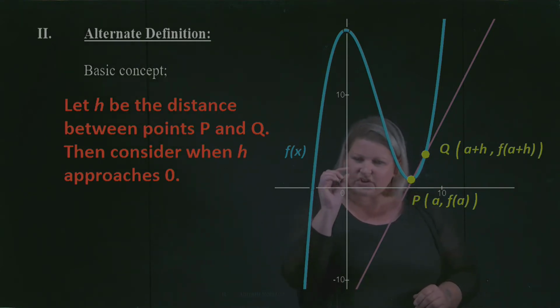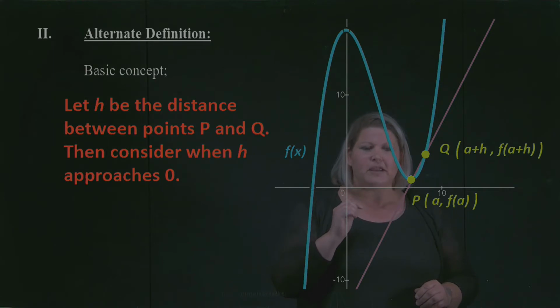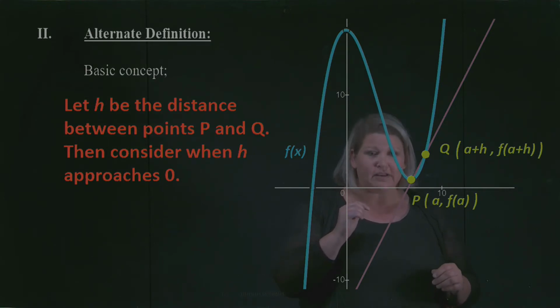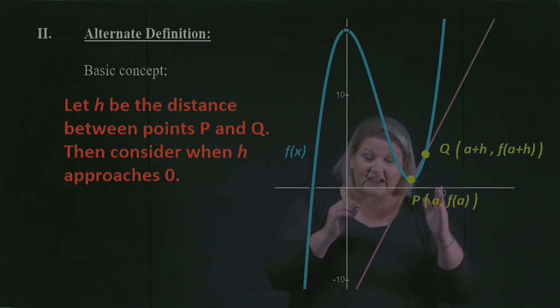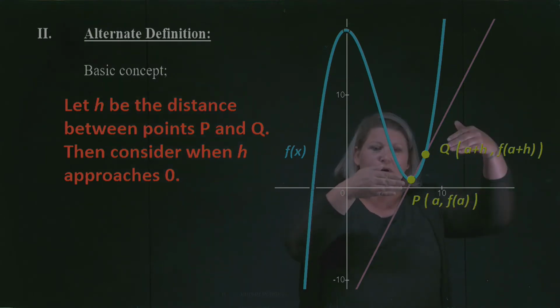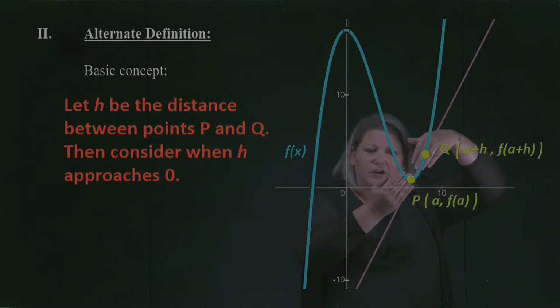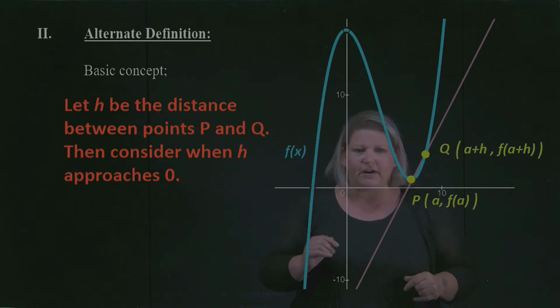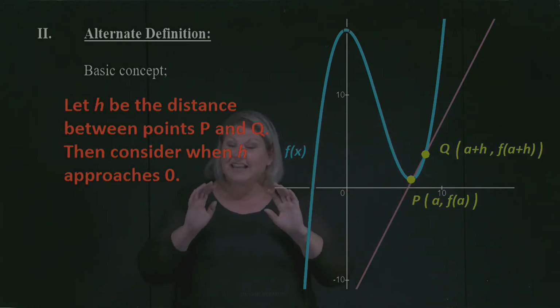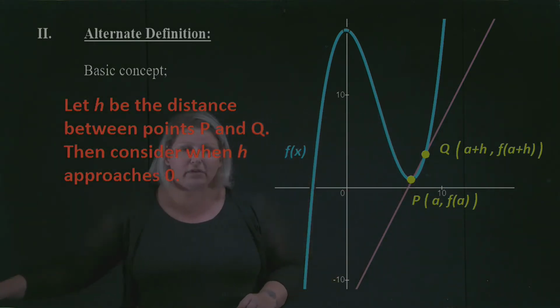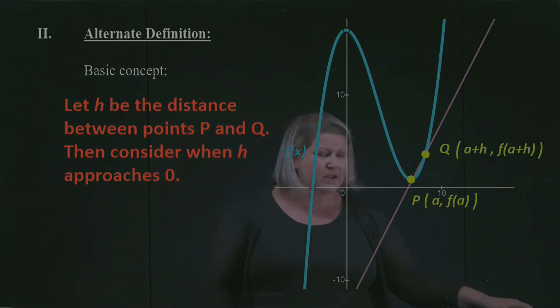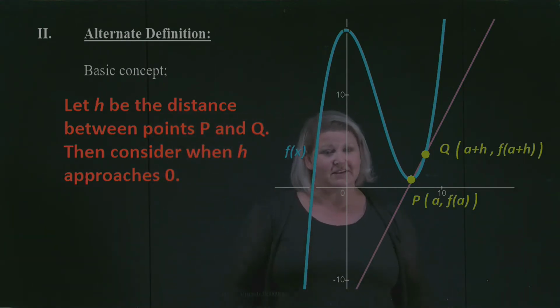H is the distance between points P and Q, specifically the x values of P and Q, and we imagine that they are getting closer and closer. So effectively, we're again taking the limit, looking for where the distance between these two points is approaching 0.